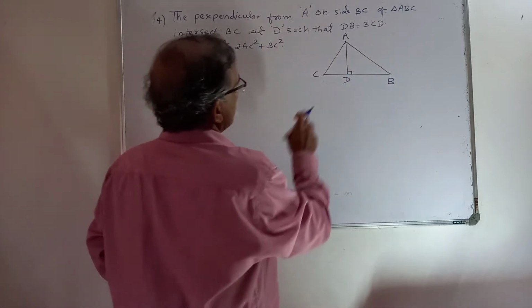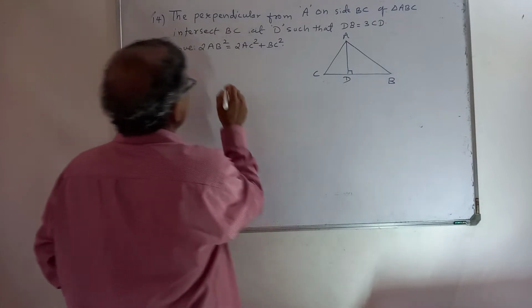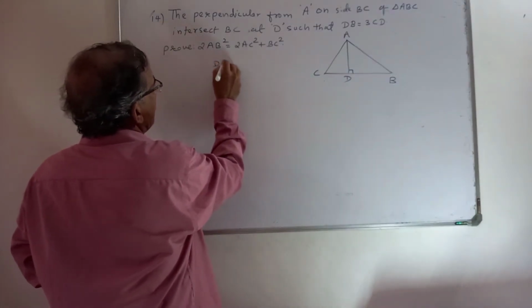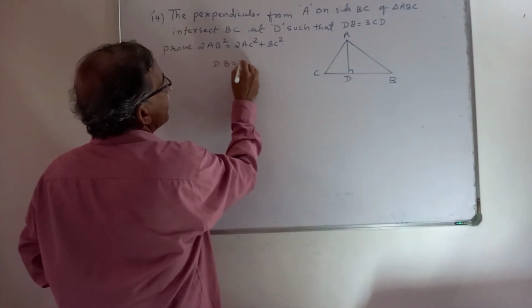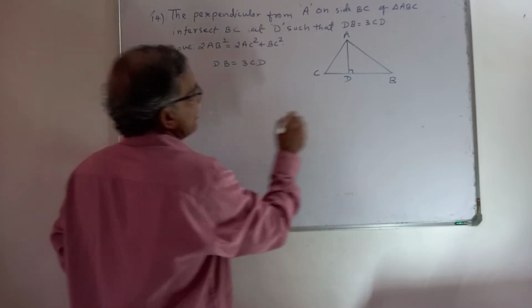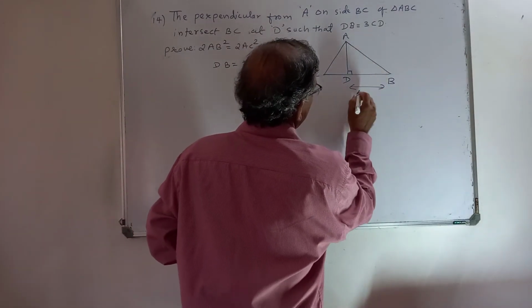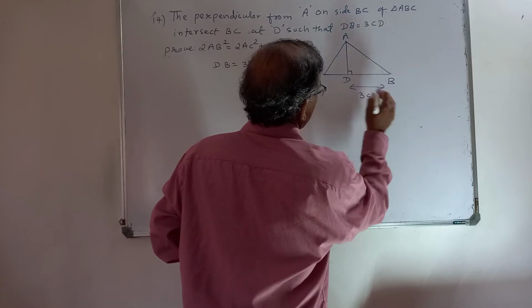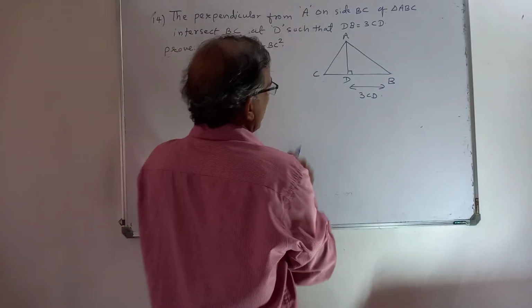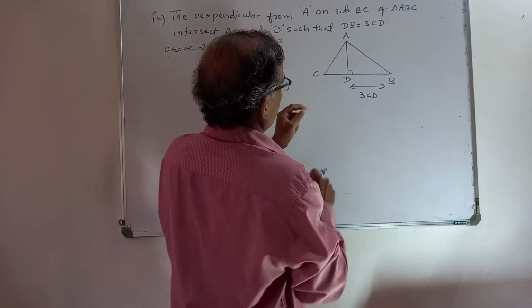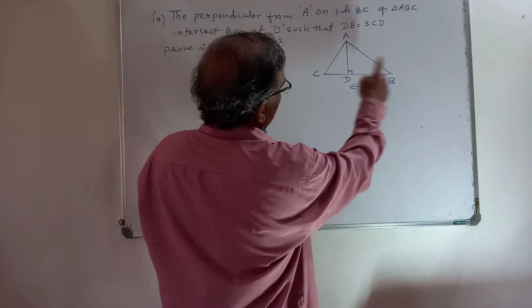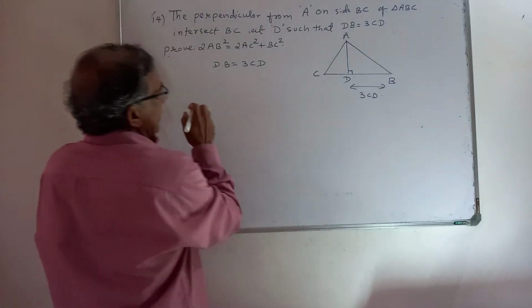Now see here, we are given the relation DB is equal to 3CD. If we want to find the relation between this full length and this CD, what can we write?